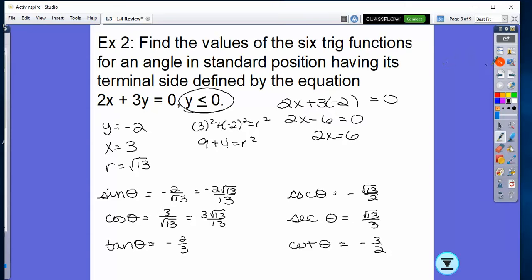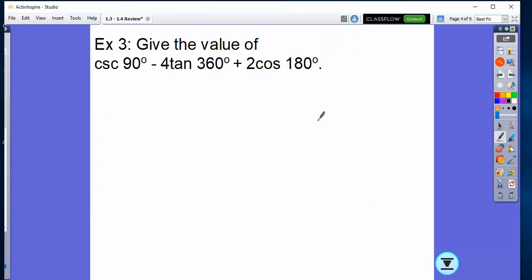The next thing we did, we had that table that we filled out, and I told you I'm not necessarily going to ask you to fill out that table right now, but I expect you to be able to figure those out and answer questions. So, if I want cosecant of 90, remember we put points on this, we drew that picture to help us.